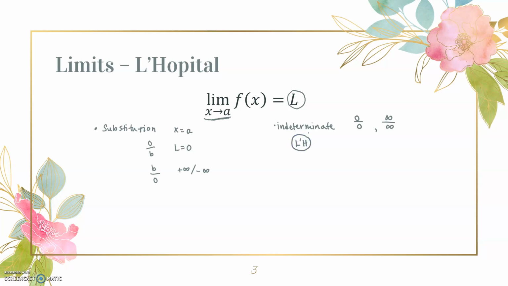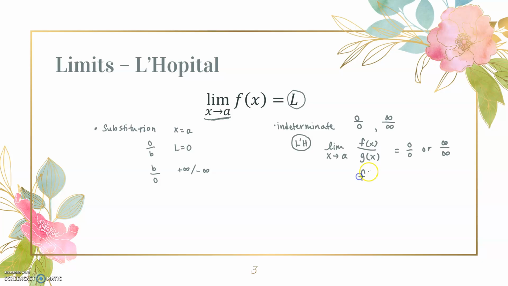L'Hopital's rule says that if you have a limit of some function over another function, and that limit is 0 over 0 or infinity over infinity, then you can take the derivative of each of those two functions separately and evaluate those.